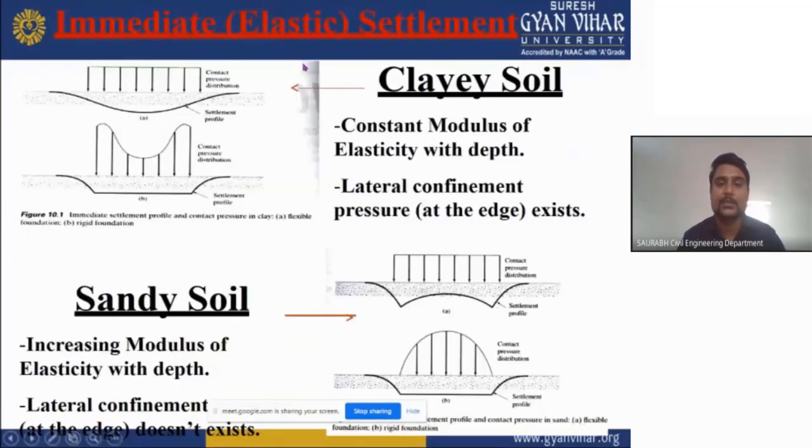Now we will see the immediate elastic settlement of a clay soil with constant modulus of elasticity with depth, where lateral confinement pressure at the edge exists, as you can see here in this image. This figure is showing the immediate settlement profile and contact pressure in clay for a flexible foundation and a rigid foundation. The first one is showing the flexible foundation, as you can see here.